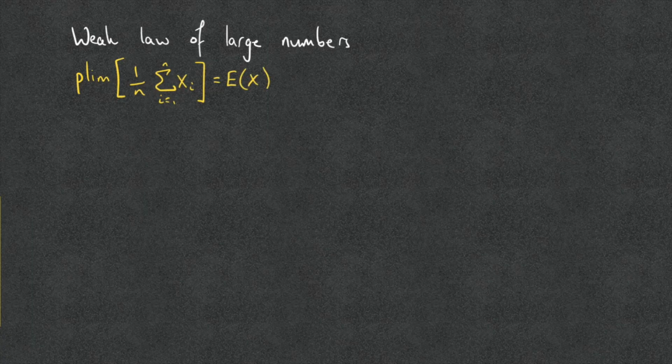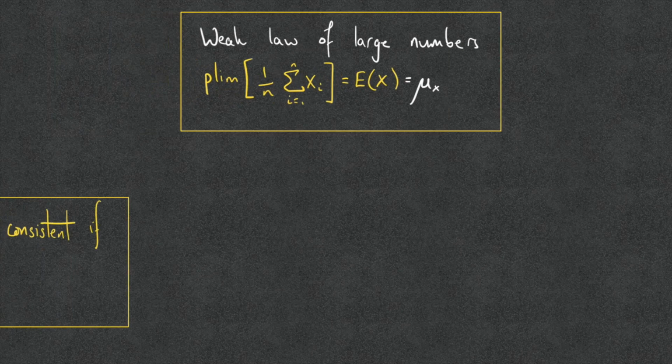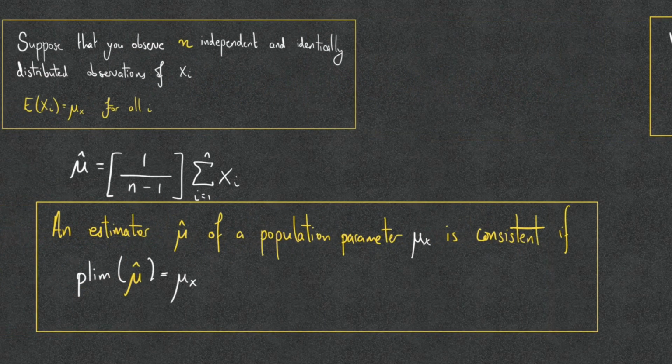In this case, because the expectation of all of those observations is equal to mu x, we could write that the probability limit of our sample mean is equal to mu x. We're going to use that rule again and again in order to evaluate whether or not an estimator is consistent or not. So let's return to the problem.